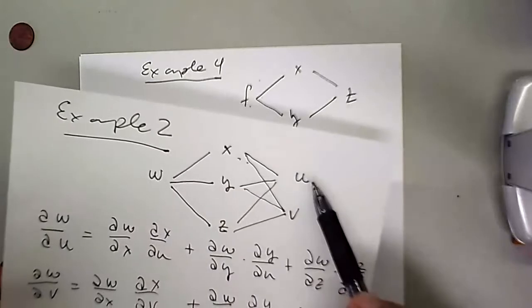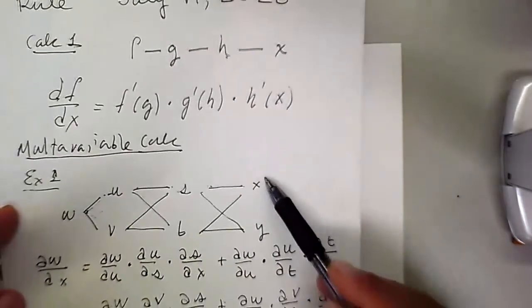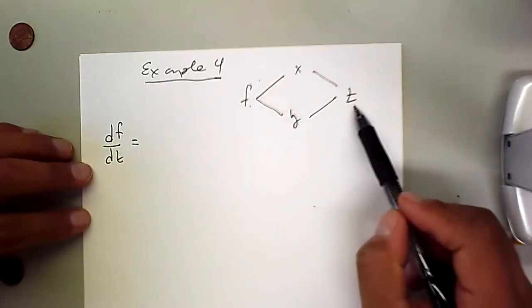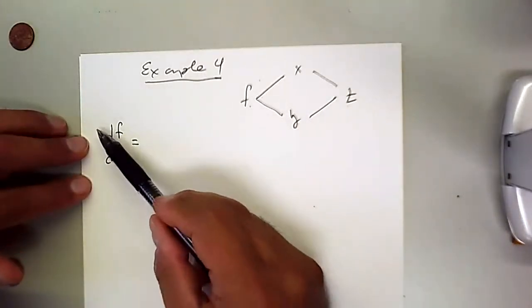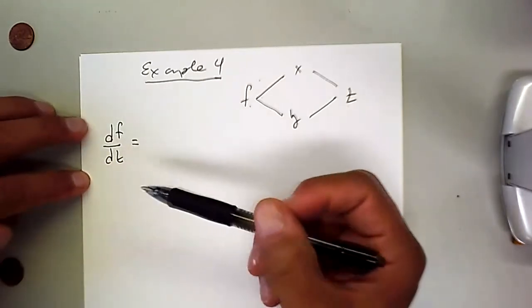W in example 2 was a function of two variables, and in example 1, W was a function of two variables ultimately. But F is a function of one variable, so we do not ask for partial derivatives, but rather a direct derivative.